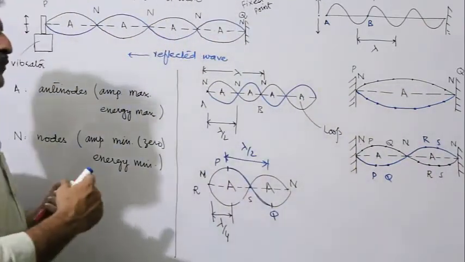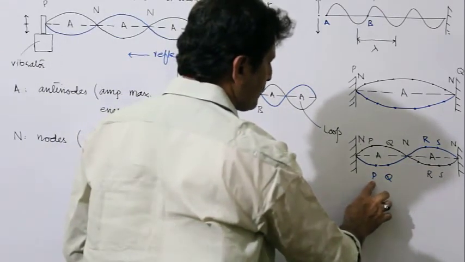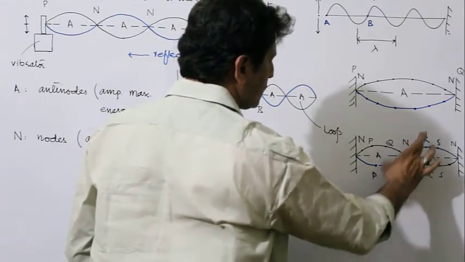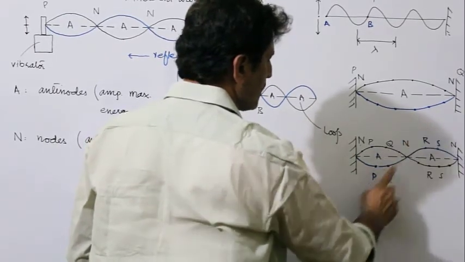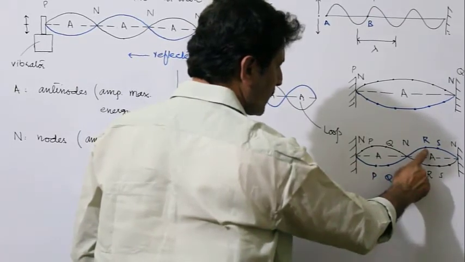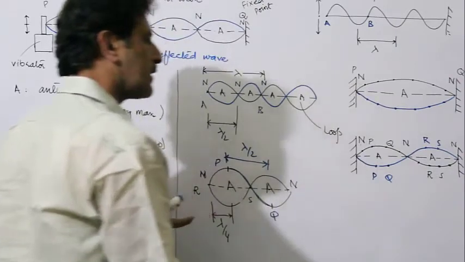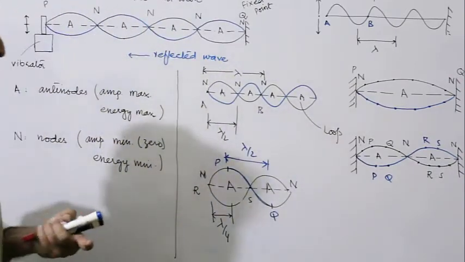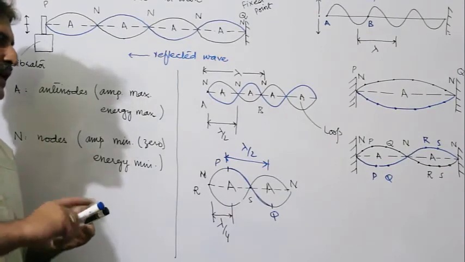So if we describe the phase difference between particles P and R, they have a 180 degree phase difference because the P particle is on the crest position and the R particle is on the trough position. So they have a 180 degree phase difference, and they are moving simultaneously from crest to trough and from trough to crest.